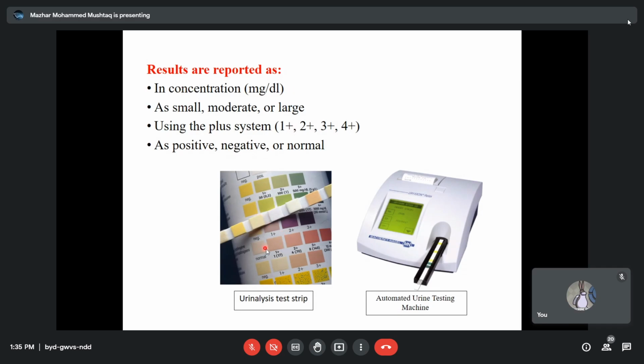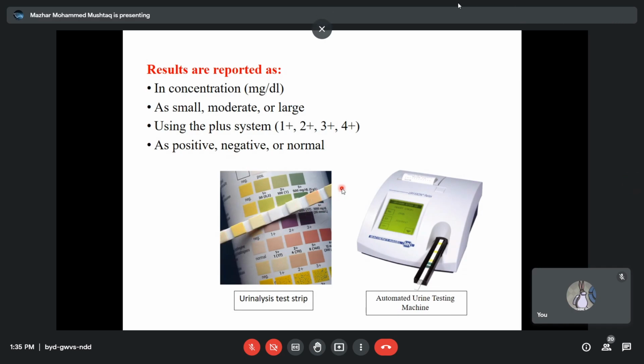For example, if you see here, the concentration is written, for example, 55 or 1000 milligram, or 55 millimole per deciliter. So all these things you can see on this tube, which is actually printed on the box, and this is the urine strip.